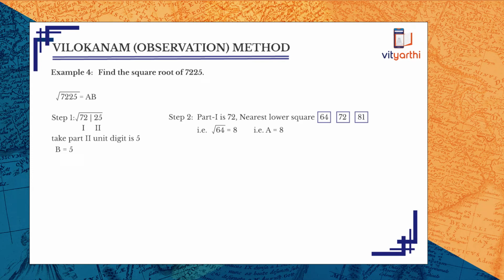The nearest square which is less than or equal to 72 is 64. We can say A equals 8. Now AB equals 85. Since only one value is obtained for B, hence the square root of 7225 is 85.